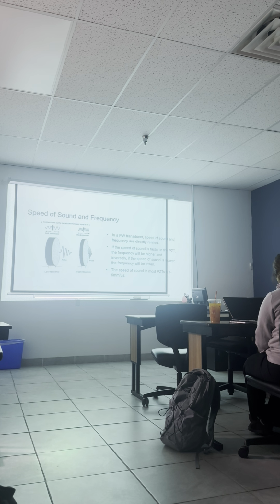They're directly related. If we have a low propagation speed in the crystal, we have low frequency. Speed of sound and frequency are directly related. The speed of sound in most PZTs is 4 to 6 millimeters per microsecond.